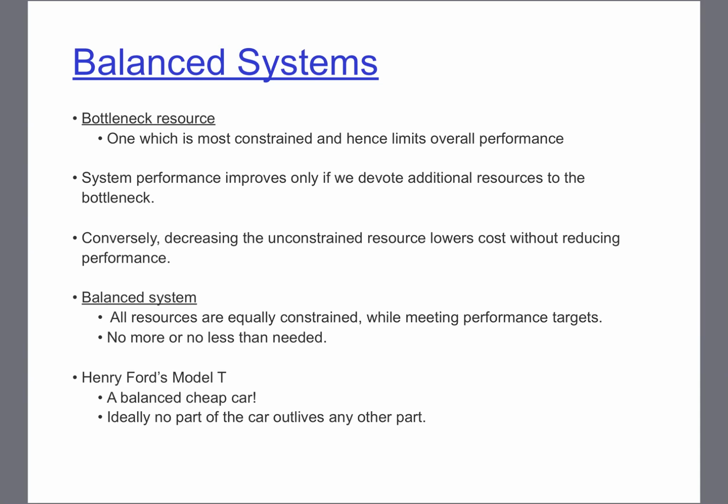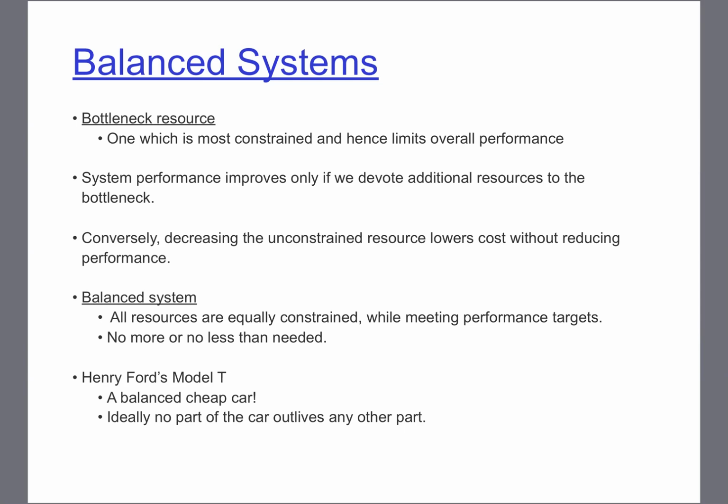So a balanced system is something where there is no single bottleneck resource. It's a perfectly balanced system, which means that you can achieve the performance that you have been targeting at the least possible cost, having no extra resources than necessary.